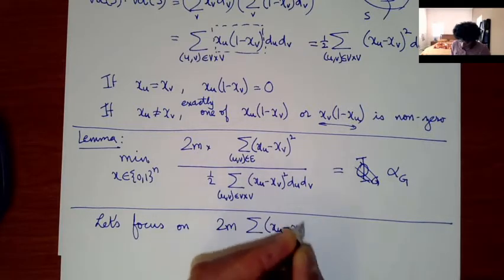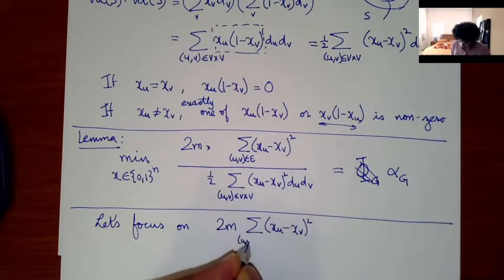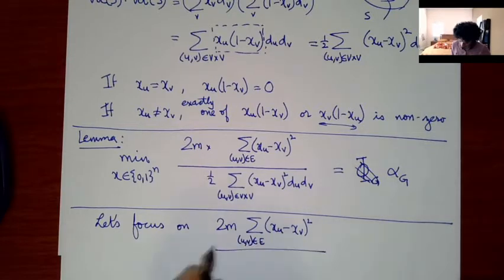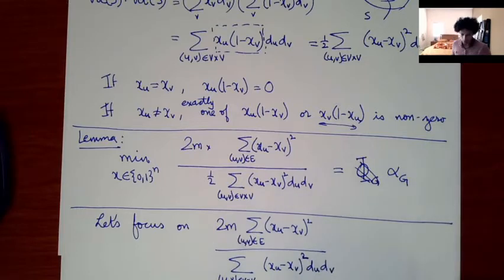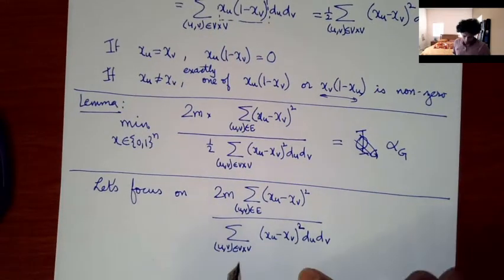The sum of xu minus xv squared over uv in E divided by the sum over uv in V cross V of xu minus xv squared du dv. So this seems like a very strange expression, how does one make sense of this?